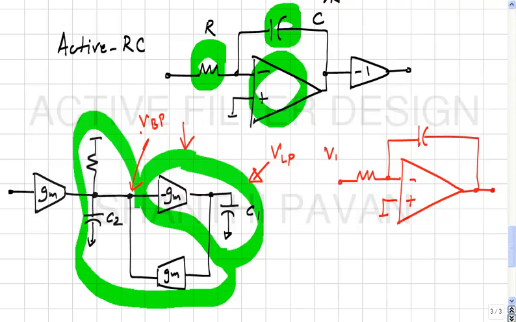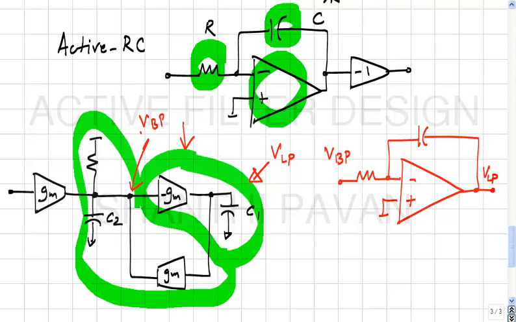So, if this is VBP, this must be VLP. Okay. Now, what is VBP? It is a damped integrator with a positive sign, correct. So, you must take this, pass it through a damped integrator, and then invert.